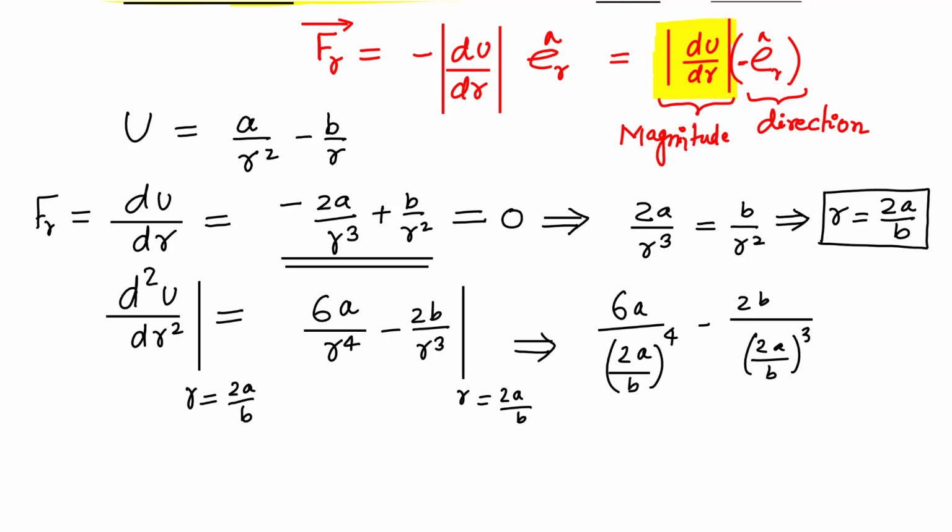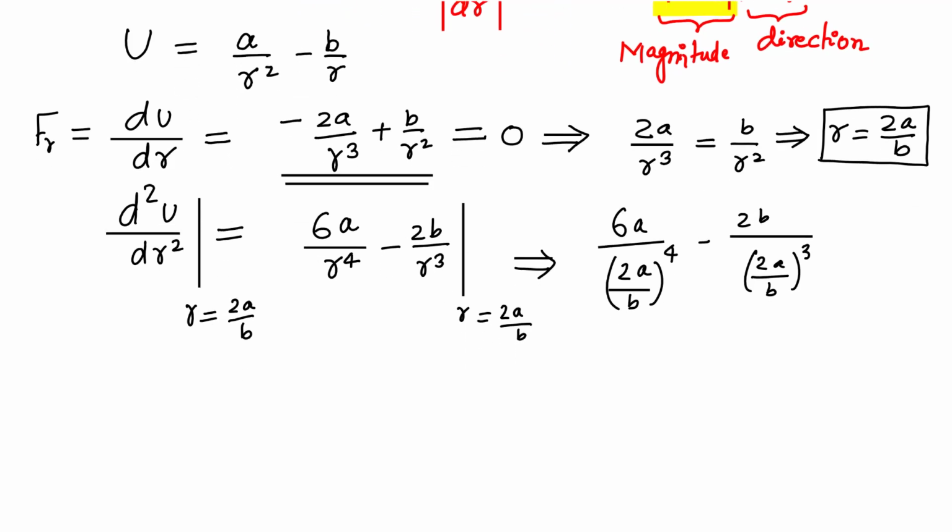If you calculate this, this will be simply 6A divided by 16 A to the power 4 by B to the power 4. So let us take B to the power 4 on the top, and minus 2B divided by 8 A cubed, and this B cubed on the top.